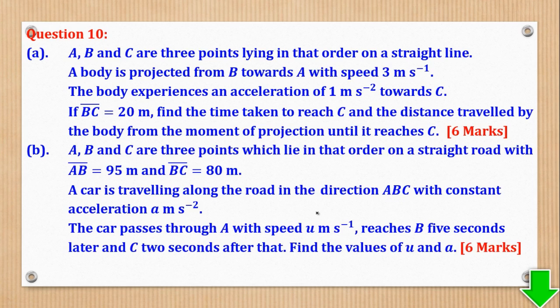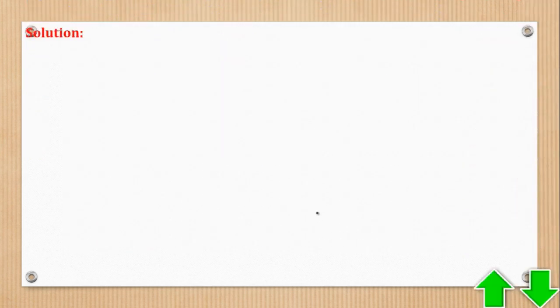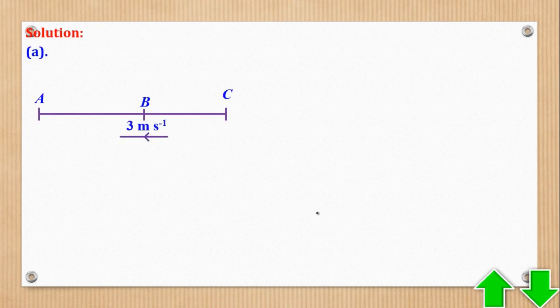So for part A, we need to make a sketch. Mechanics, you cannot run away from sketches, drawn with a ruler. So come and first locate our 3 points A, B, and C. Then we put the velocity and also the acceleration.